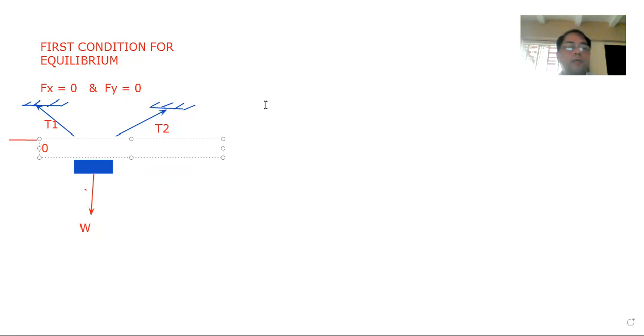Let's just draw our theta values. We have theta sub 2 also. Theta sub 1 is on the left side, and theta sub 2 is on the right side.